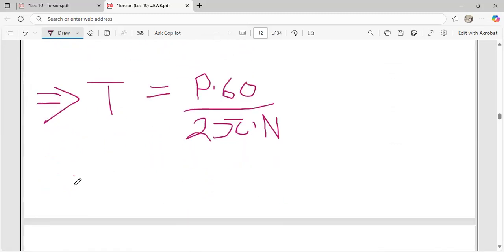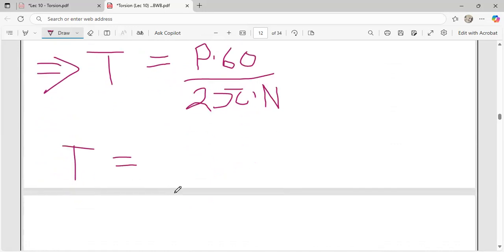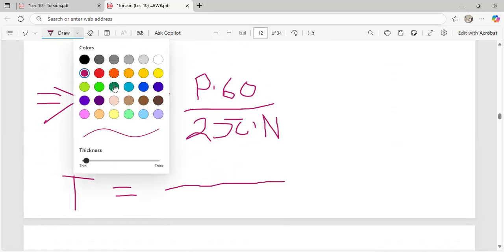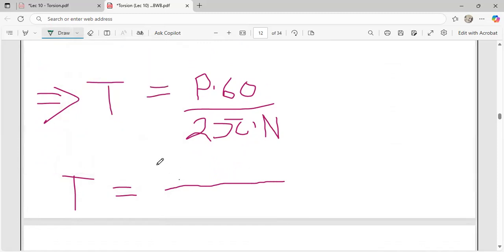So let's quickly substitute whatever we have into the equation to see how best we can proceed. Our P was equal to 300 kilowatts, so 300 times 10 exponent 3.